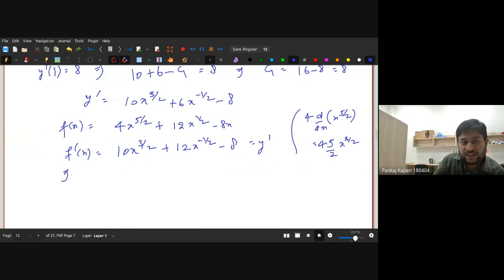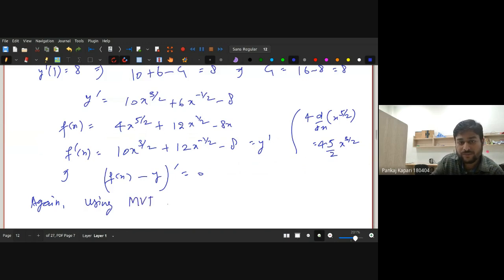So this implies that the difference of function f minus y, its derivative is 0. So again, using mean value theorem, MVT, this f(x) minus y must be a constant. Let's call it c2.